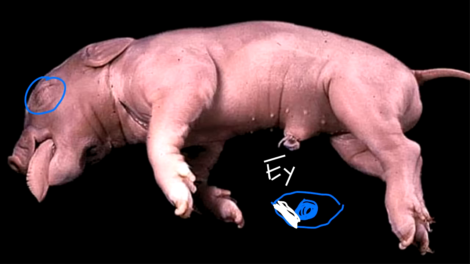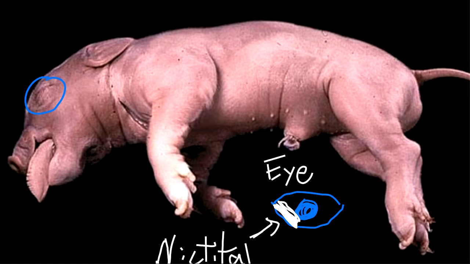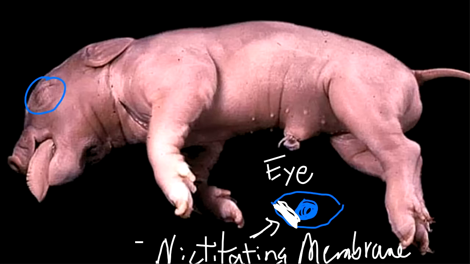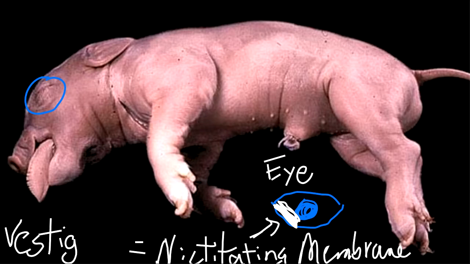This white membrane is called the nictitating membrane. The nictitating membrane is a vestigial organ. In our ancestors, we have it too. Next time you look at your eyes in the mirror, you can see a tiny little white membrane at the corner of your eye, right by your nose.